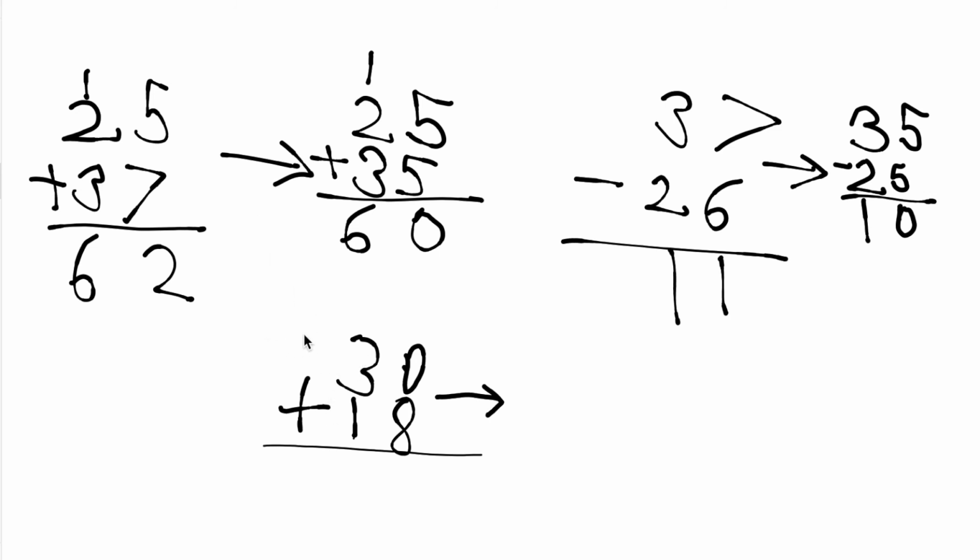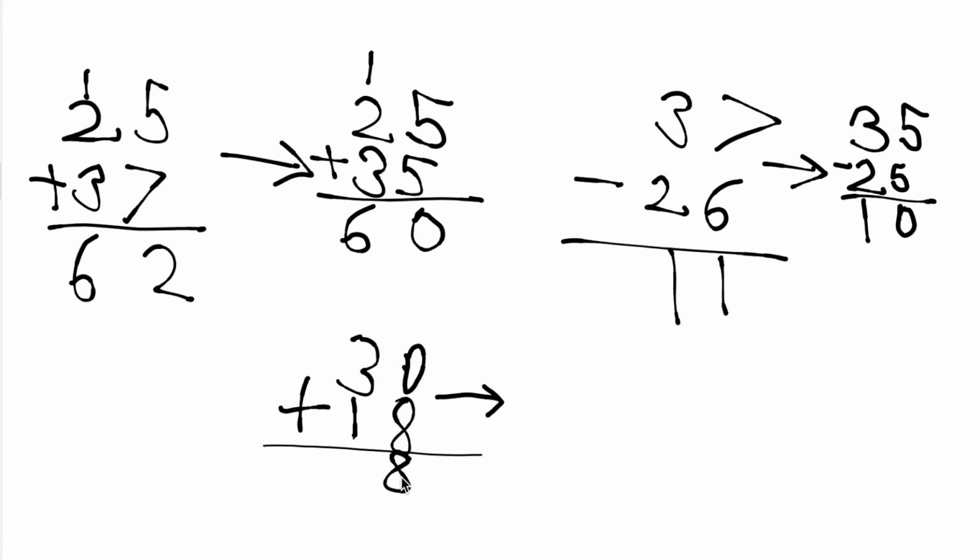Now let's do 30 plus 18. So 0 plus 8 is 8. And in additions, if there's a 0 on top of it, it doesn't matter.